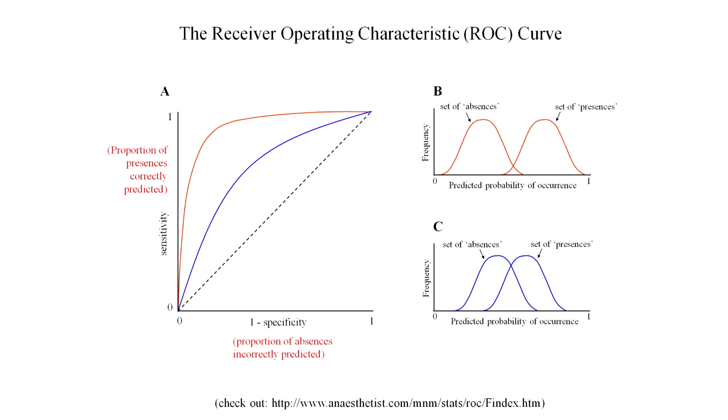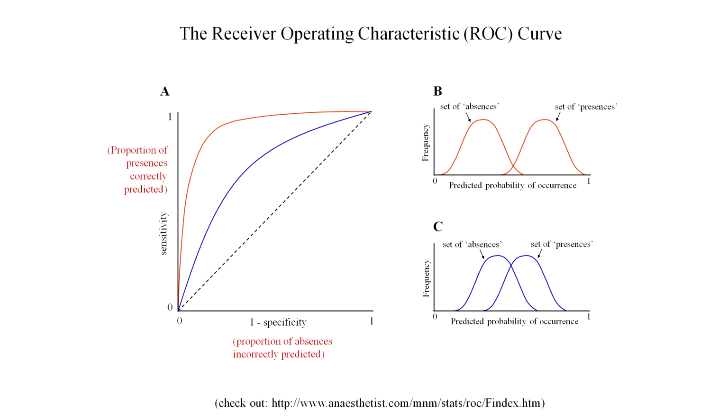Now our less good model, the blue plots here, as we increase from 0 to 1, we're going to start dropping off the proportion of presences that are correctly predicted earlier, because there's more overlap here. So we're going to have more area where we're confusing our test presences and absences, and that curve is going to drop off a lot quicker.